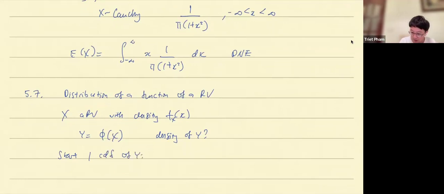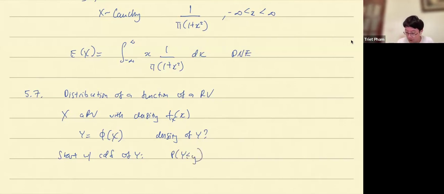Because like I said, CDF is probability calculation. PDF is not probability, so it's not conducive to probabilistic calculation, probabilistic principles like union and intersection. So you start with the probability that Y is less than or equal to y.